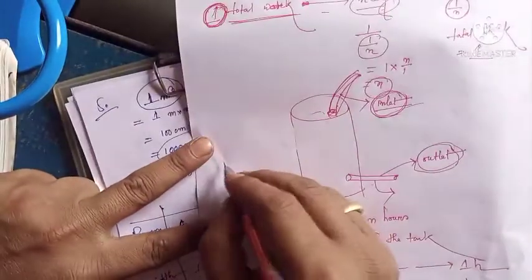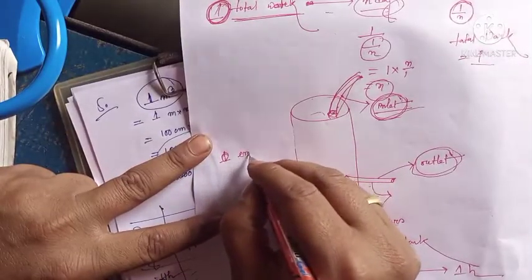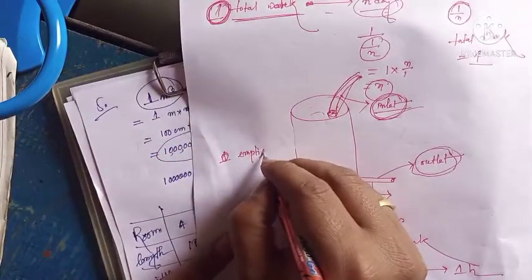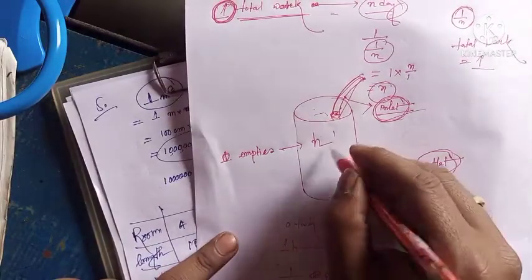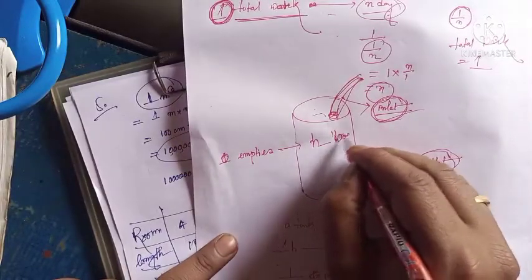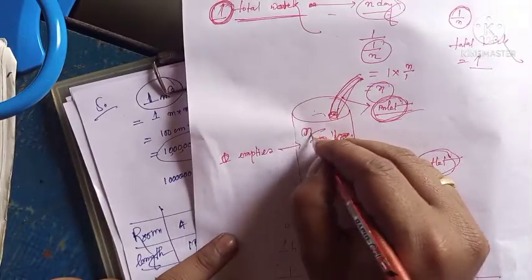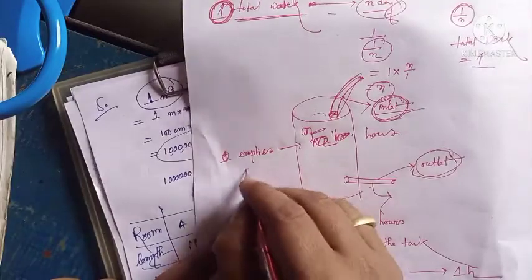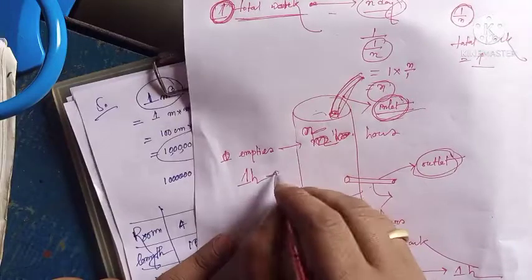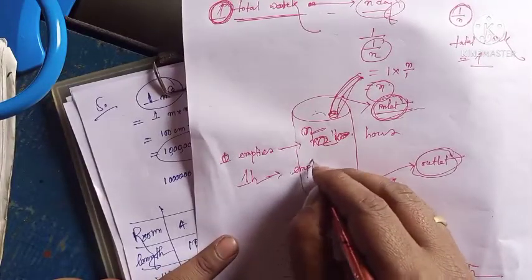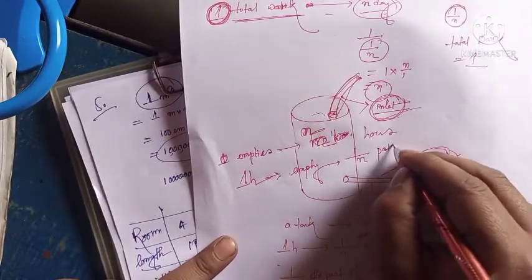In case of emptying, if a pipe empties a full tank in n hours, then in 1 hour the pipe empties 1 by n part of the tank.